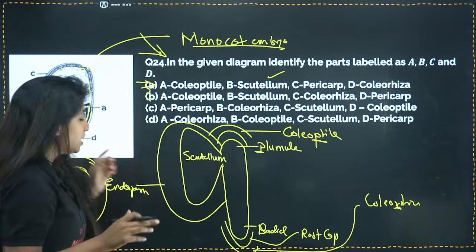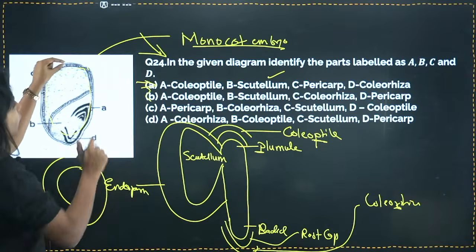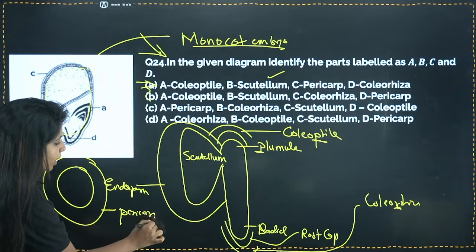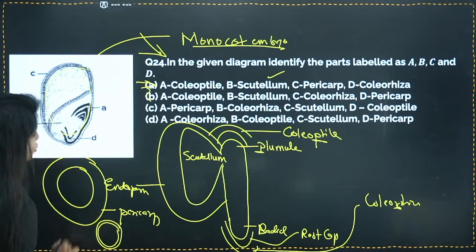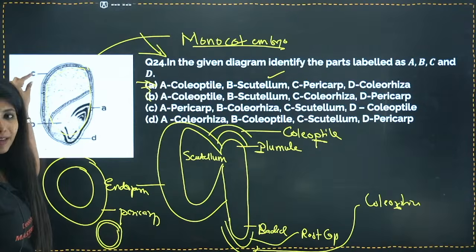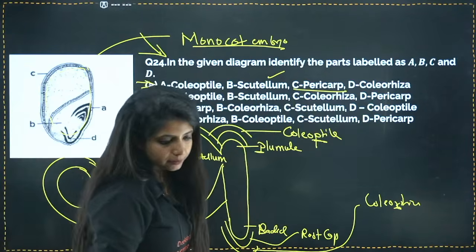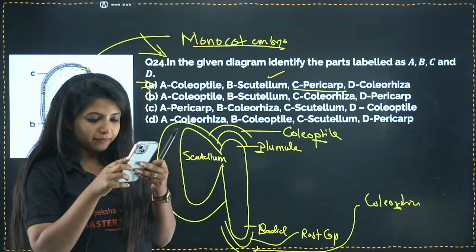In this particular case, you are seeing a dry ovary, which is why the wall of the ovary, known as pericarp, is very close to the wall of the ovule. And this is your pericarp. So C becomes your pericarp. Got it? Okay.